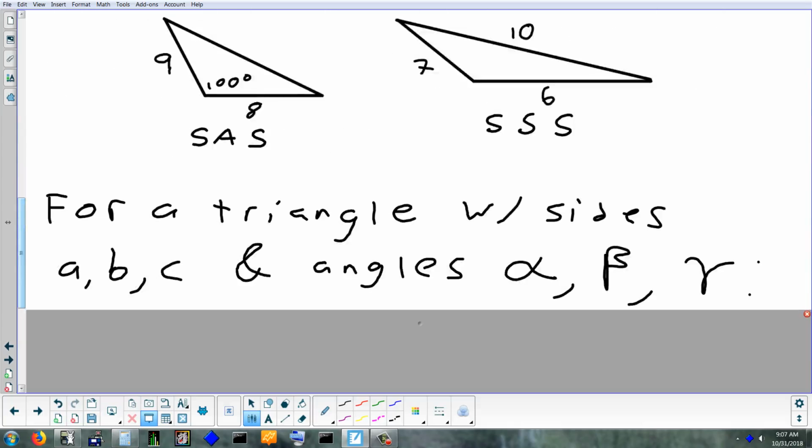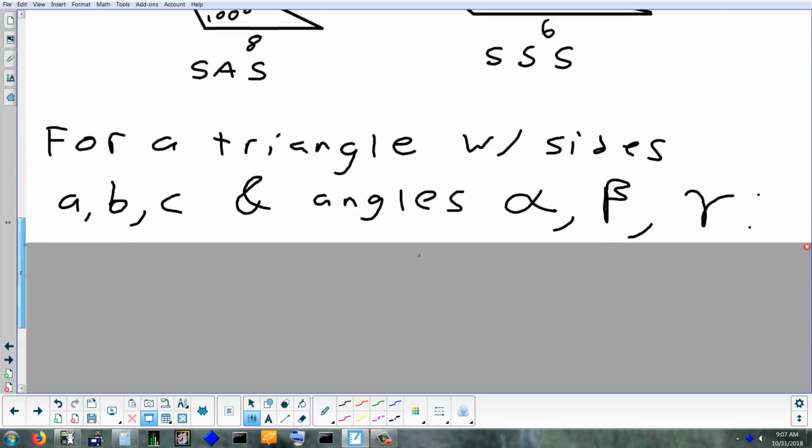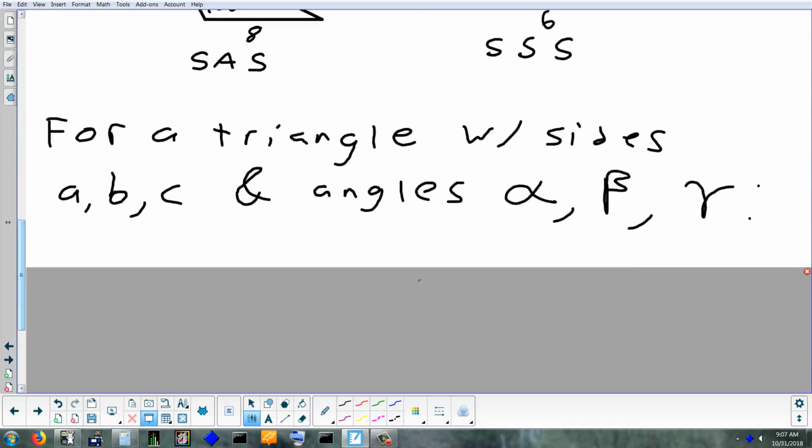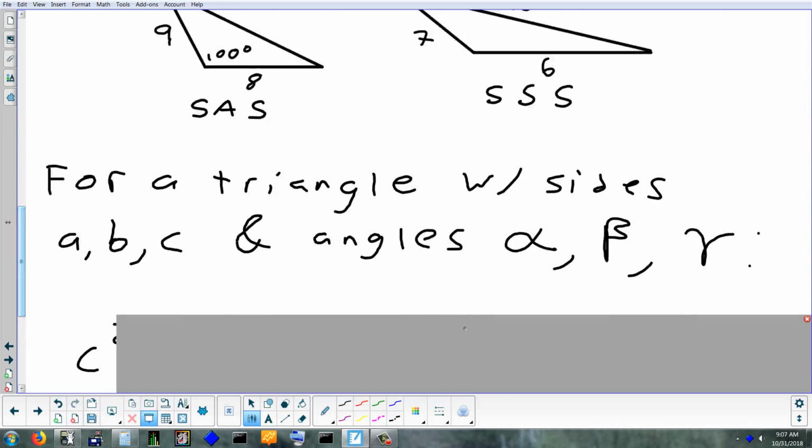So we're still going to label the sides A, B, and C. We're still going to label the angles alpha, beta, and gamma. I think the first part of this formula you're going to recognize. If I was going to prove where this formula came from, I would be using what you're going to recognize in a second.